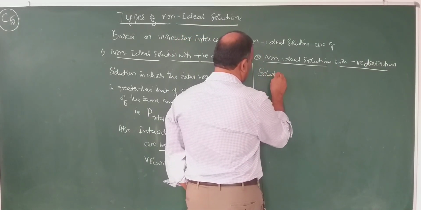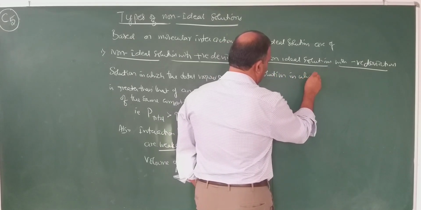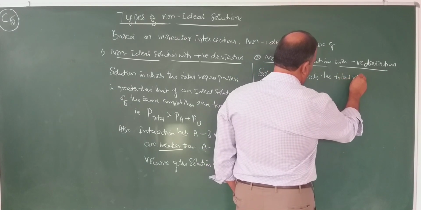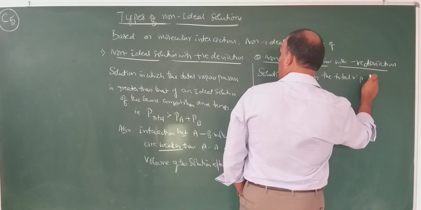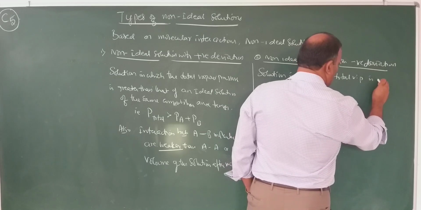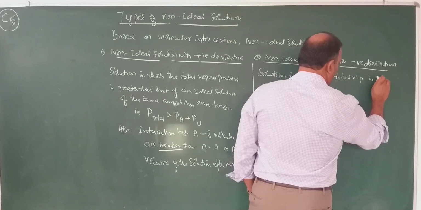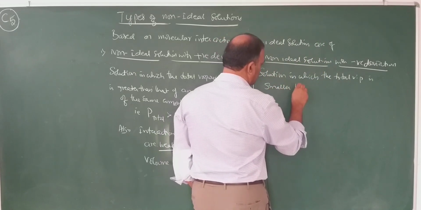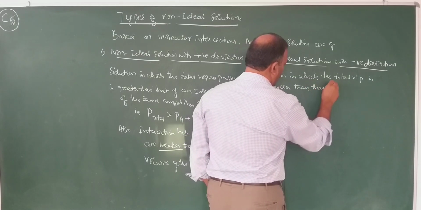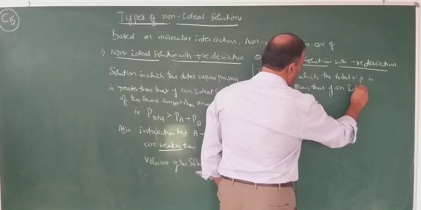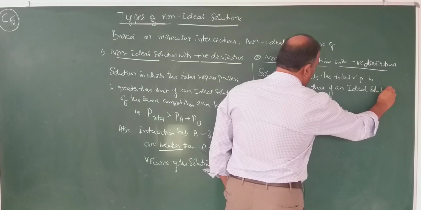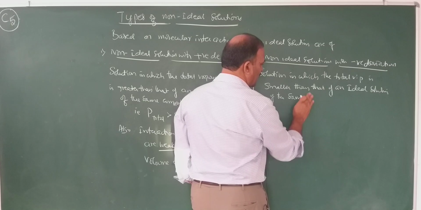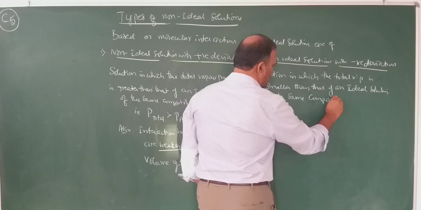Solutions in which the total vapor pressure is smaller than that of an ideal solution of the same composition and temperature.